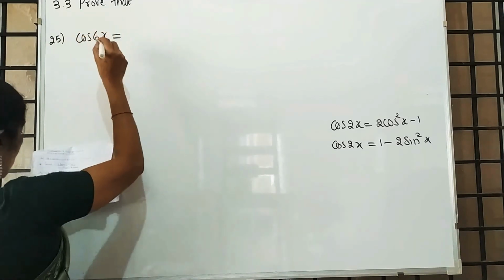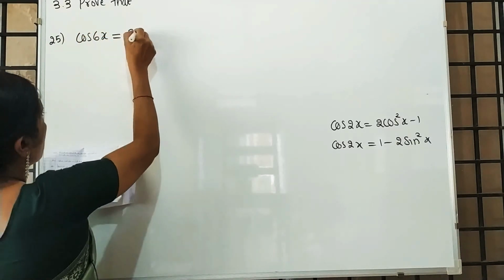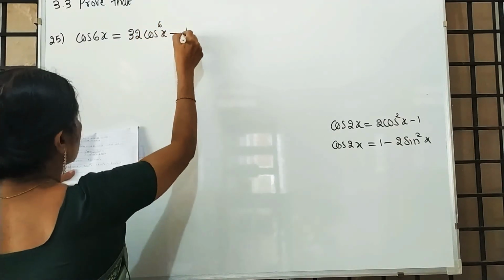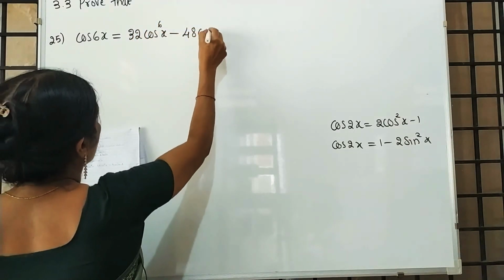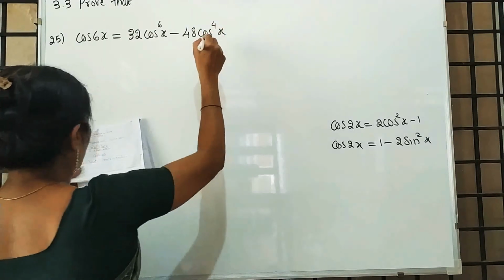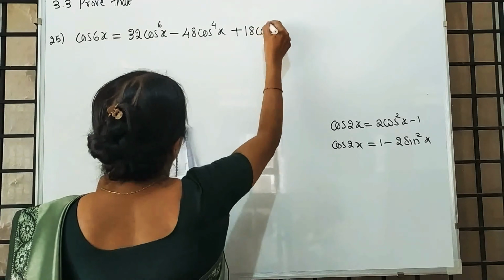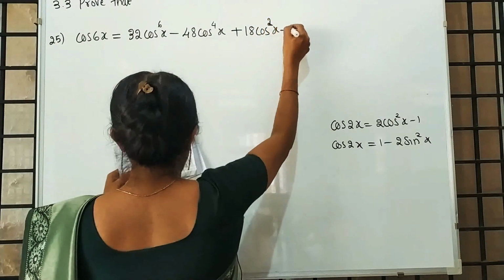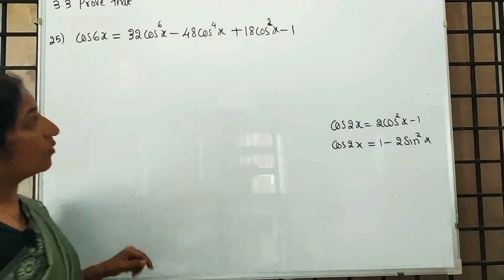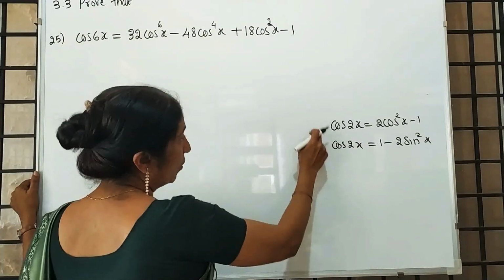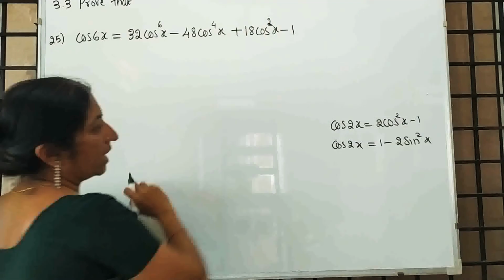Cos 6x is equal to 32 into cos raised to 6x minus 48 cos raised to 4 plus 18 cos square x minus 1. Now tell me which formula is applicable. Yes, here the first one is applicable because 1 is required in the last, that too minus 1.